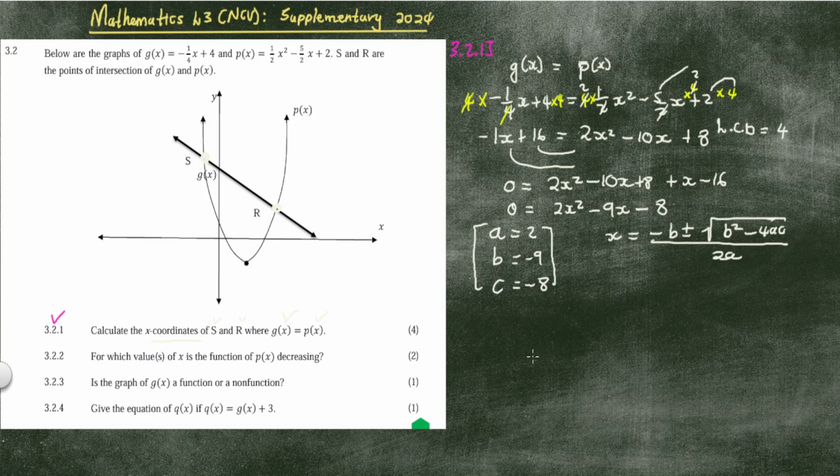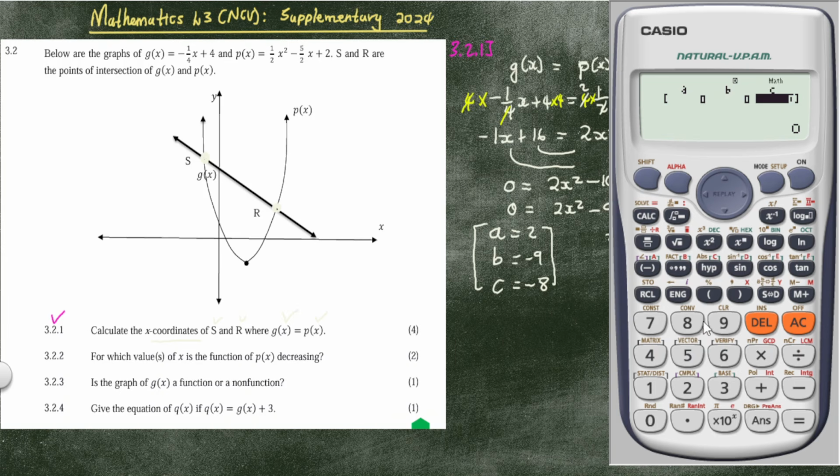Alright, so I'm not going to use the quadratic equation for this recording. I'm going to use a calculator just for the sake of time. You know how to use the quadratic equation. Minus 8, minus 9, and then minus 8.